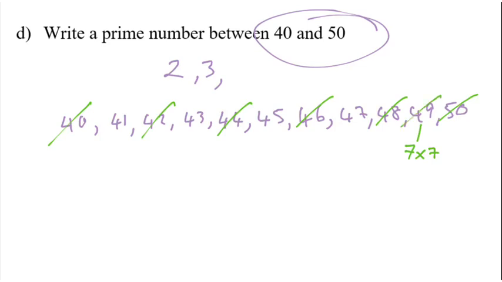So that means 49 is not a prime. 47, can't do anything else, so that one will be a prime. 45, well, I can do 3 times 15, so that one won't be. 43, yep, there's nothing else I can do there, and 41 also. So the prime numbers that you could have written down are 41, 43, or 47. We would have accepted any of those.